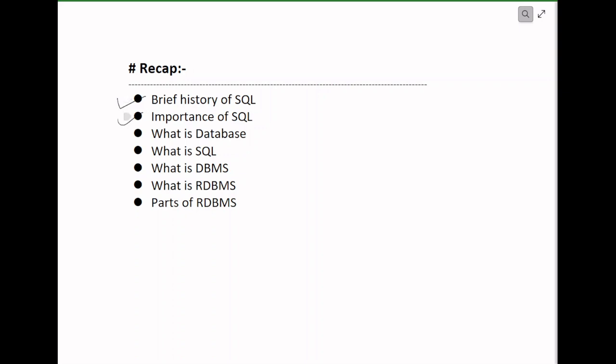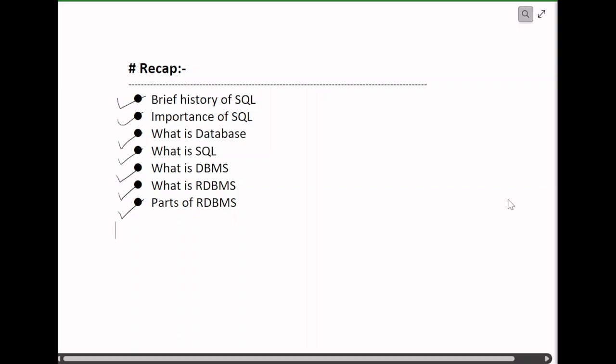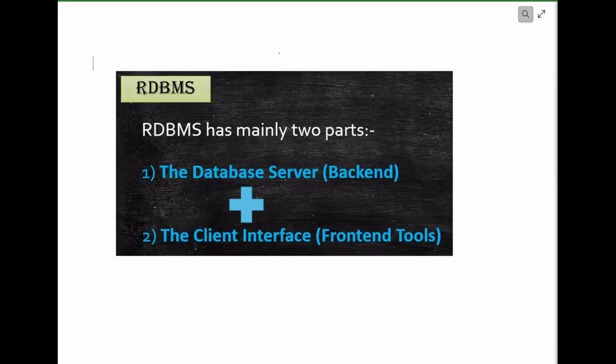Then we have also seen what is a database, what is SQL, what is a database management system, what is a relational database management system, and what are the parts of a relational database management system. Basically there are two major parts of an RDBMS. One is the database server or the backend, and one is the front end or the client interface.